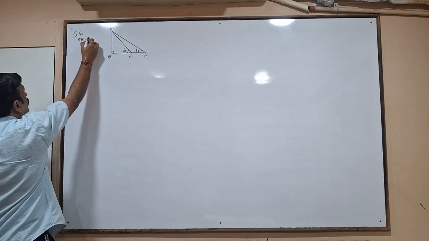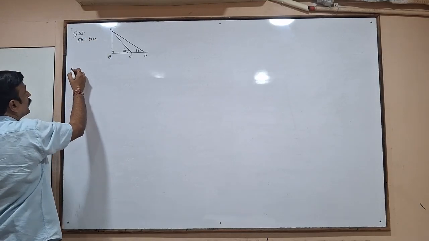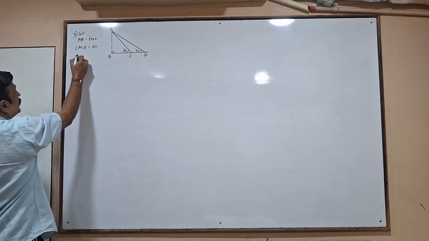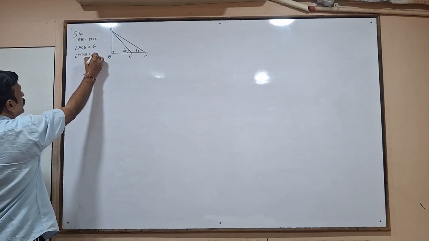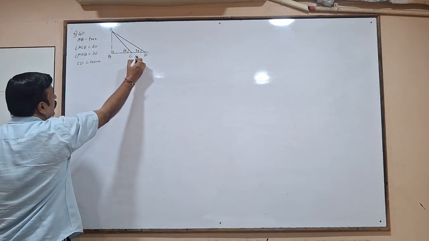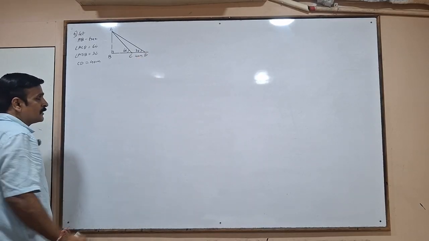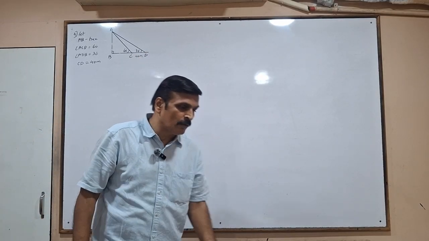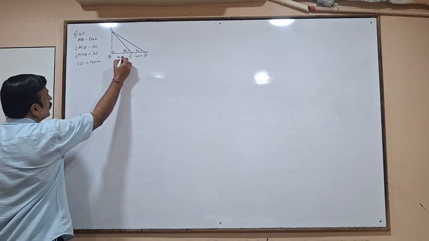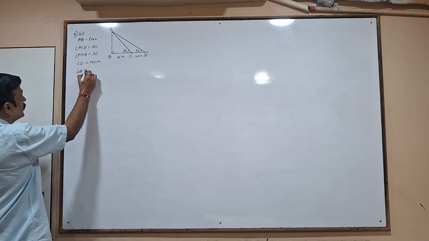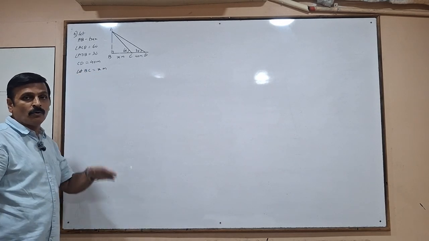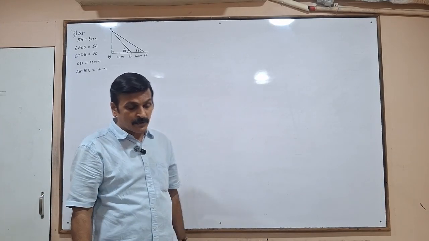Let AB be the tree, angle ACB 60 degree, angle ADB 30 degree, CD is equal to 40 meter because the person has moved 40 meter away from the tree along the shore. Let us take this distance BC as x, otherwise constantly throughout the problem BC we will have to mention.